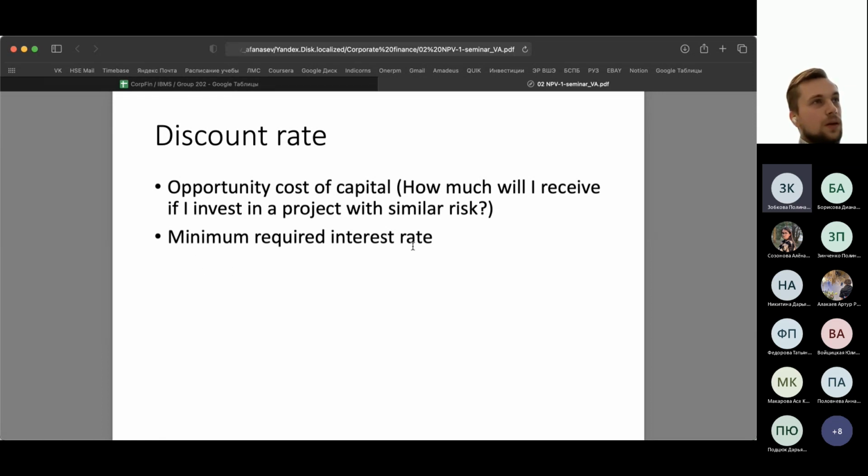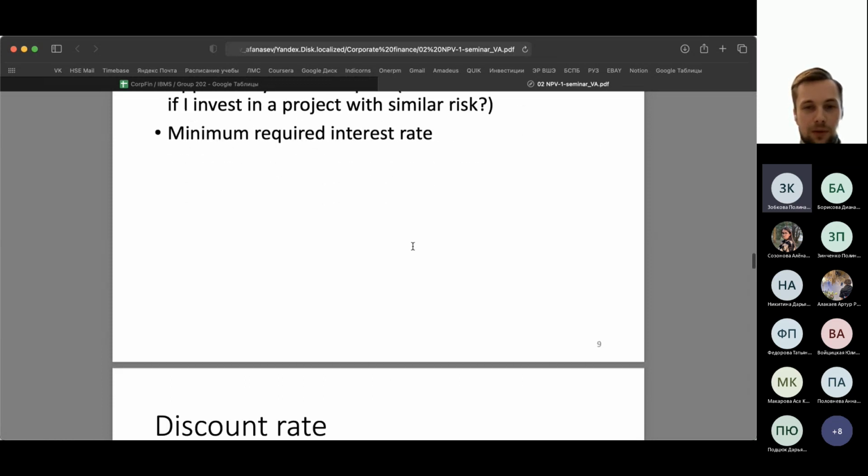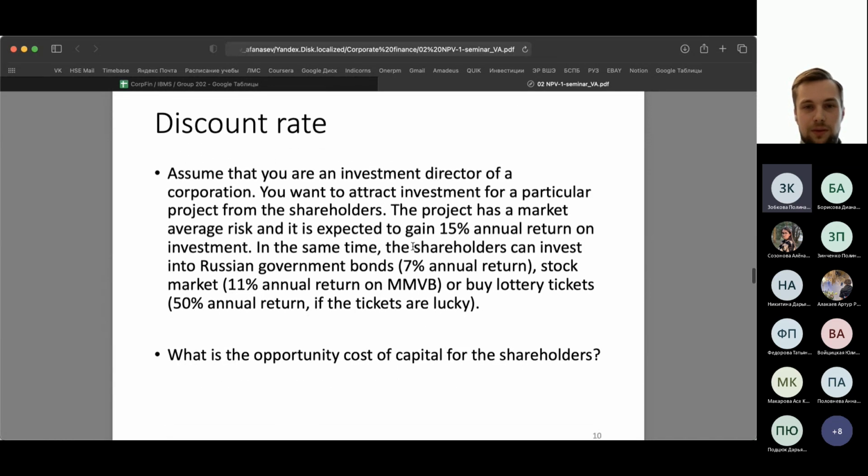Well, for example, let's consider a question. Assume that you are an investment director of some corporation and you want to attract investment for a particular project from the shareholders. So you are that friend who suggests somebody invest in his project.